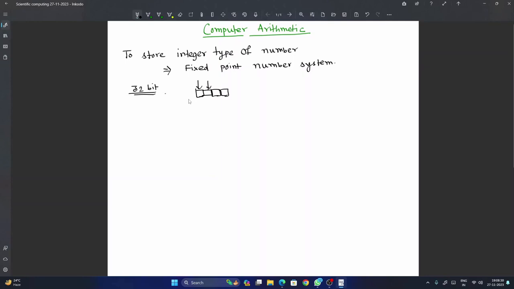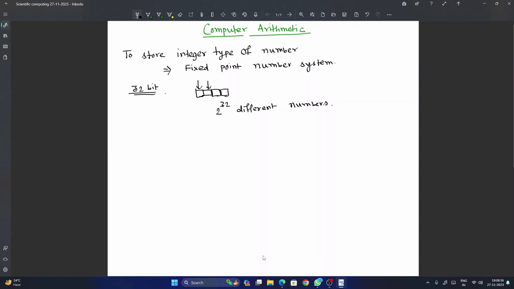Can anyone say? Just use the permutations concept. 2 to the power 32. Exactly, 2 to the power 32. So we can actually store 2 to the power 32 different numbers in this 32-bit number system.